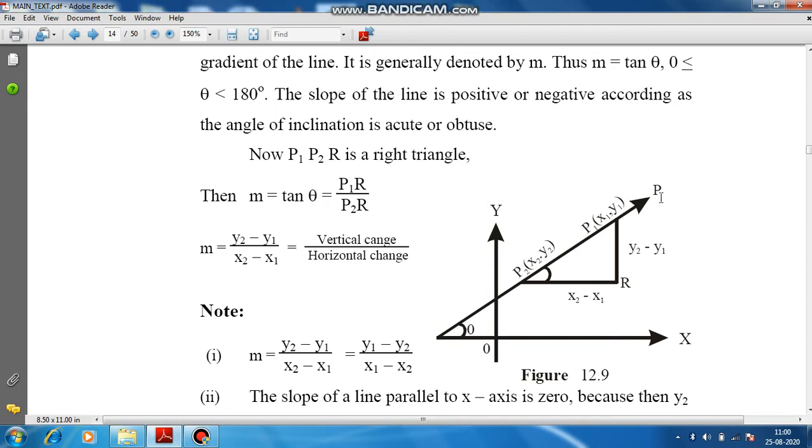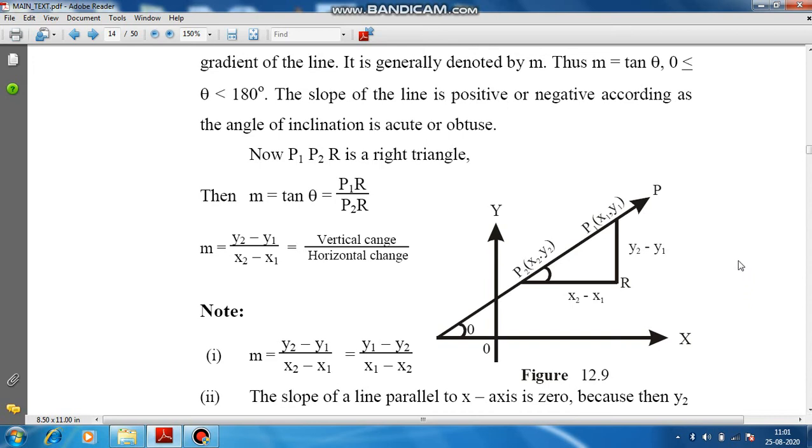That is, the slope of a line is the trigonometrical tangent of the angle made by the line with the positive direction of the x-axis. This is the definition. Clear? Tan of the positive angle with the x-axis is called slope. It has another name, gradient, slope or gradient.